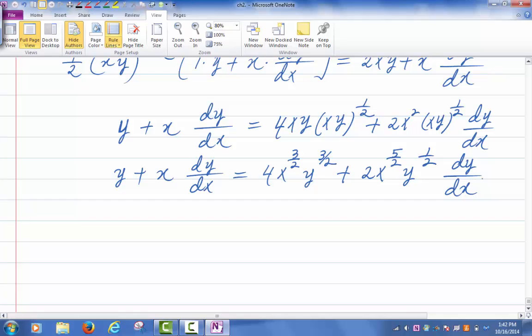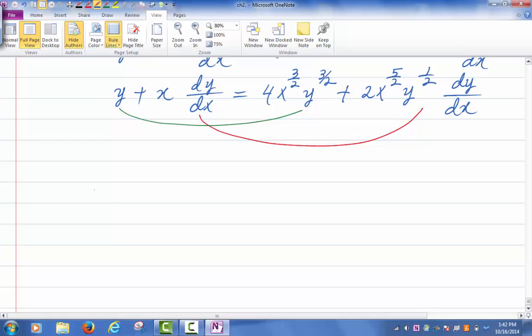Notice, in order to solve for dy/dx now, I have to combine these two terms on the left hand side, and combine these two terms on the right hand side. So let's do that.